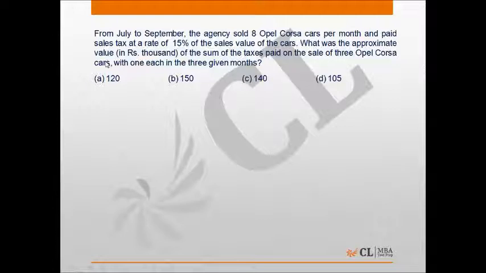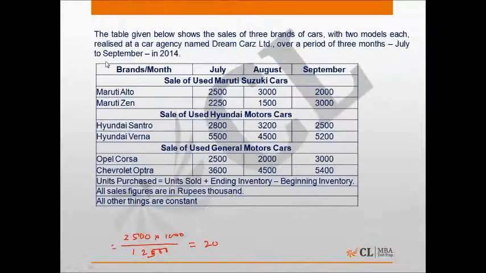What was the approximate value in rupees 1000 of the sum of taxes paid on the sale of the three Opel Corsa cars, one each in the given 3 months? So first of all, we have to find the selling price of each Opel Corsa car in the given 3 months. So compute it with the help of the table.